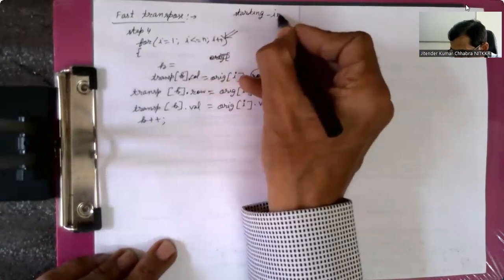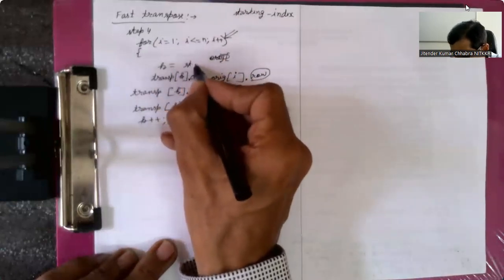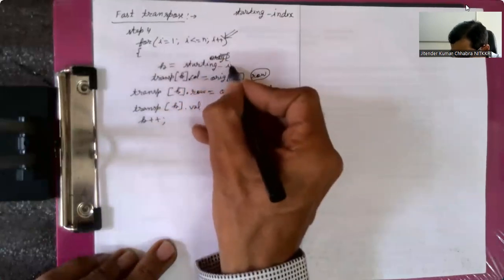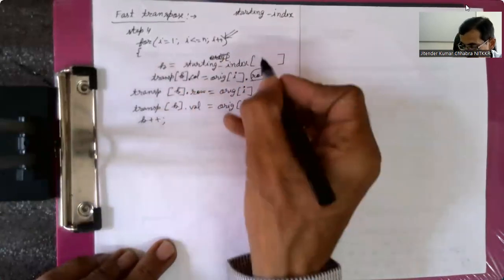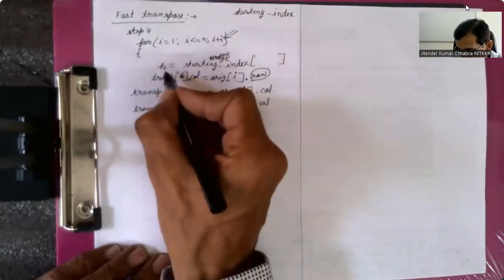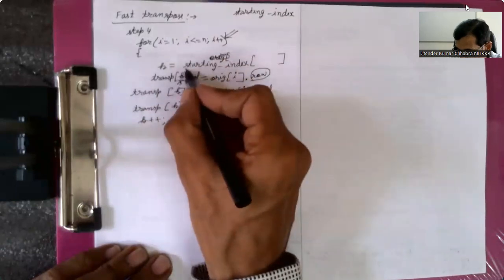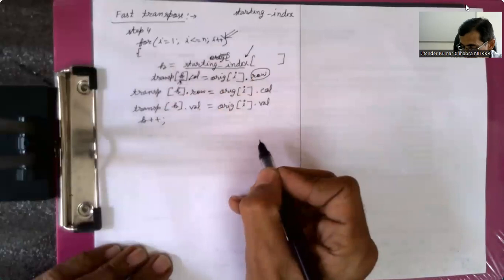So I generated a starting index array. That is going to be useful to me to generate this k. So I can definitely think that the starting index array will be used, and I need something here for getting the k. So k will be the index at which the entry will be stored into transpose, and this entry should come from the array starting index.